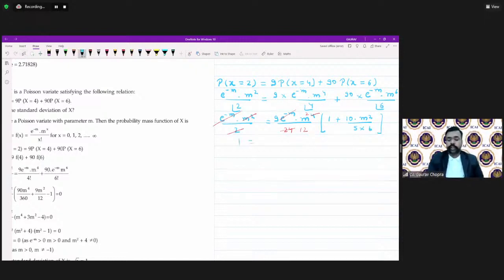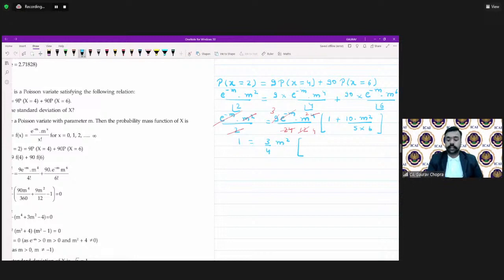So 1 is equal to, now here also 9 and 12 will get cancelled. 3 and by 4. 3 with 4. So what is left outside? 3 by 4 m square.